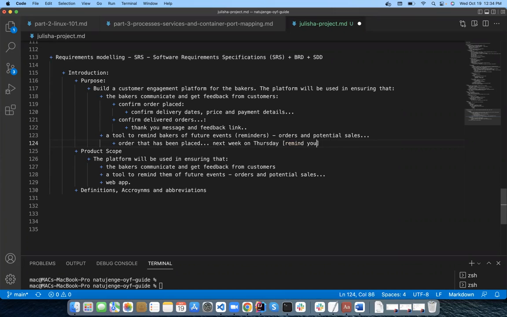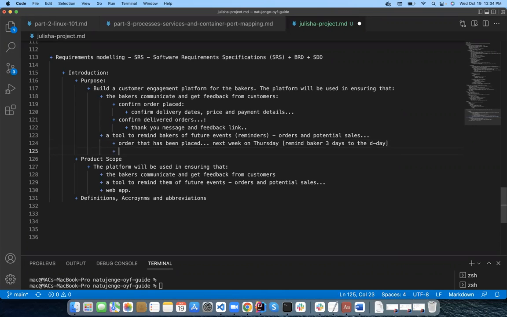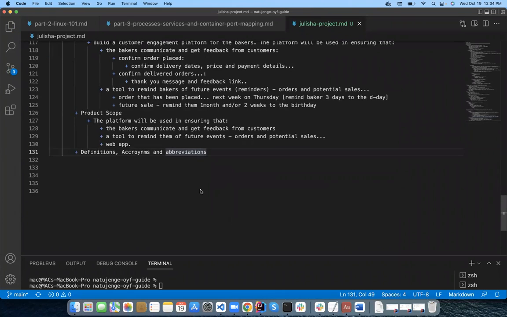Or we remind the baker 3 days to the D day, the delivery day. And then you can also do future sales, remind them maybe 2 weeks to the birthday, or maybe 1 month and 2 weeks to the birthday. So we have seen the scope.